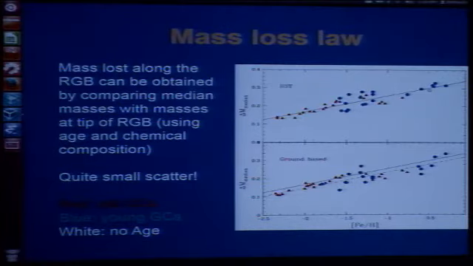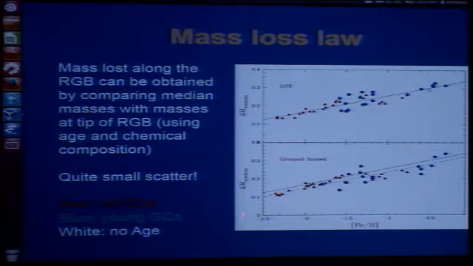Okay, if I use these masses and I relate them to the mass that the star had at the tip of the giant branch, according to the models, I may estimate how much mass is lost along the giant branch, before the star comes to the horizontal branch.